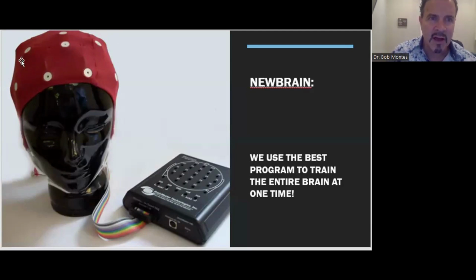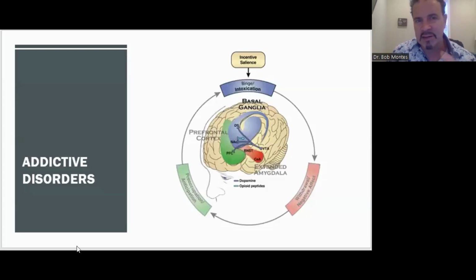So this sensor will coordinate with a sensor here and a sensor on the other side to read that deep part of the brain that we can't read if we're just using the 2 or the 4 sensors on the scalp. So the beauty of our system is that we're able to go to the deep parts of the brain.